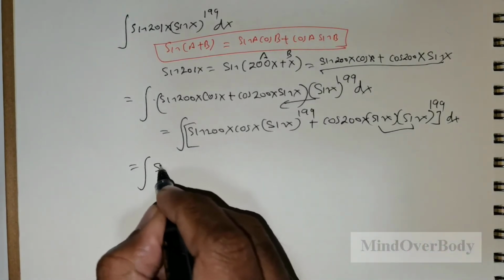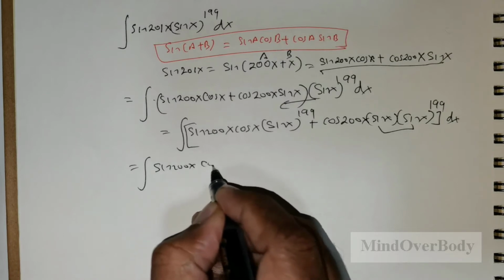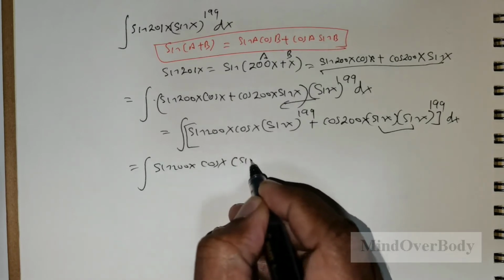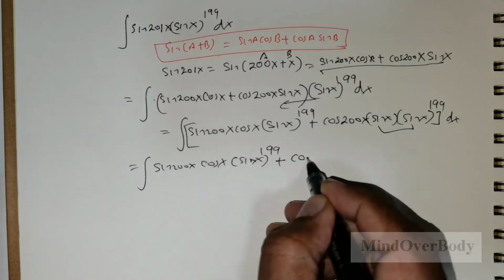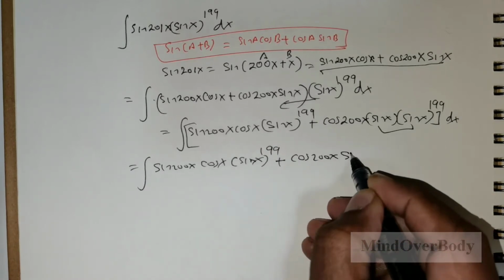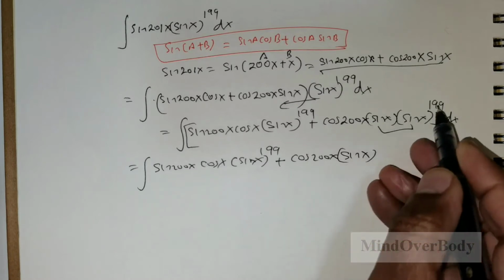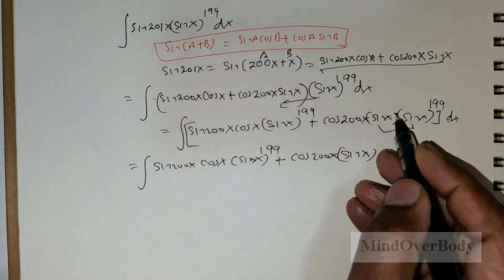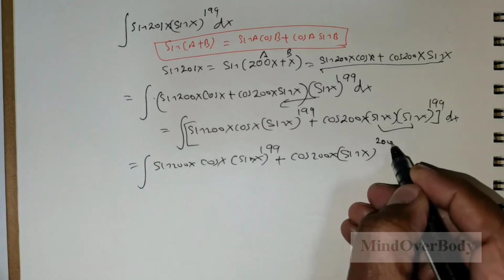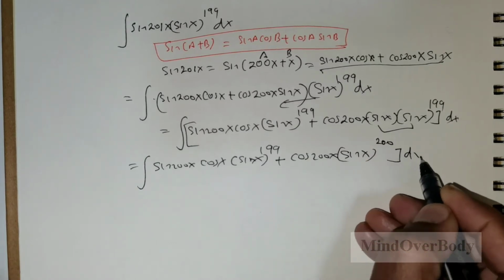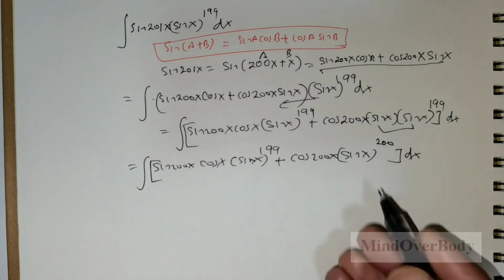Rewriting, we get sin 200x times cos x times sin x raised to the power 199 plus cos 200x times sin x raised to the power 199 times 1, I mean, you got a sin x raised to the power 1, right? So they would give you sin x raised to the power 200 times dx. So you got something like this.